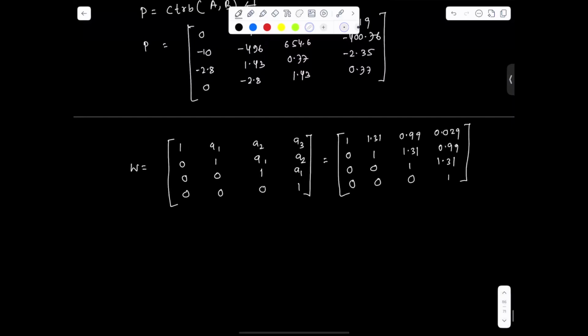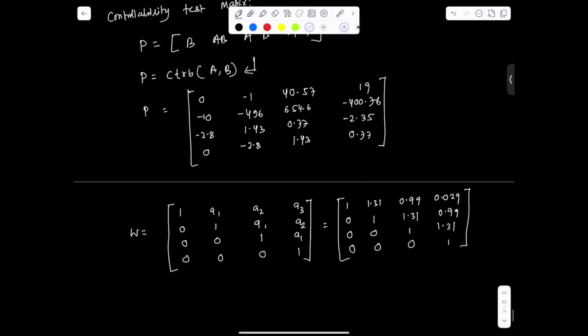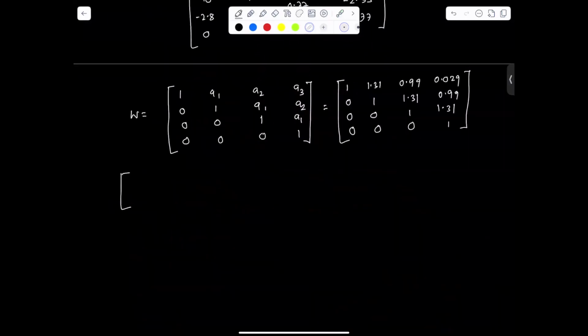Now, another important term in the Bass-Gura method. If you notice this term, finding it is also very tedious. So let's calculate this. If you use MATLAB you can easily find it, for PW transpose and inverse, but we are directly writing the value here.